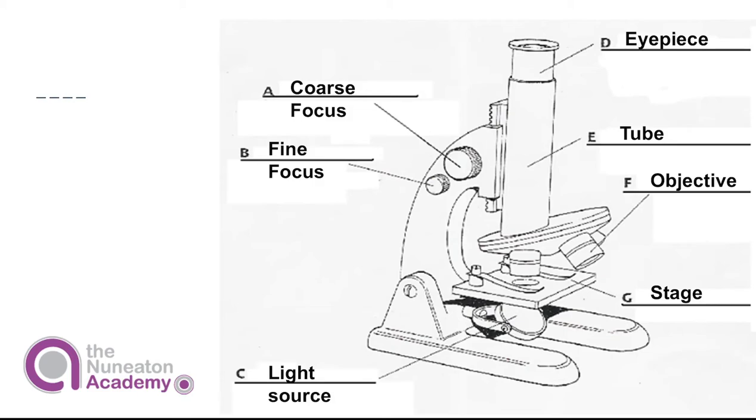The coarse focus and the fine focus knobs adjust the stage as well as the tube accordingly to get a higher resolution image. You have your light source on the bottom. With a light microscope, of course, it is usually going to be electric and therefore just shine a small incandescent light into the slide. And lastly, you have the stage, which actually holds the slide piece on which your specimen will be.